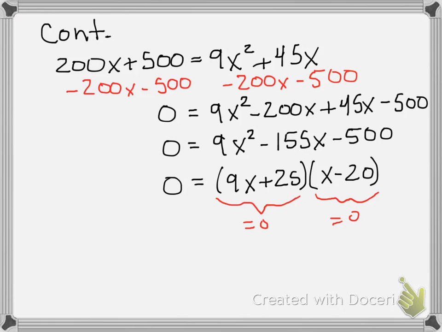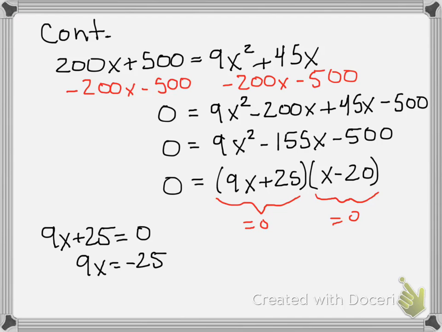This 9x plus 25 must equal 0, or rather I should say, or the other part, this x minus 20, can equal 0. If either one of those is equal to 0, then the whole equation is equal to 0, right? Because 0 times anything is equal to 0. Good, so we can set this 9x plus 25 equal to 0.